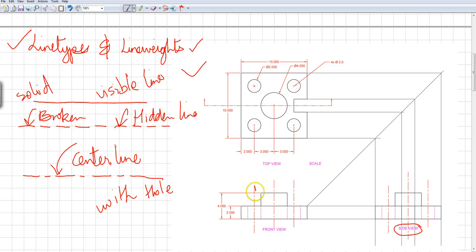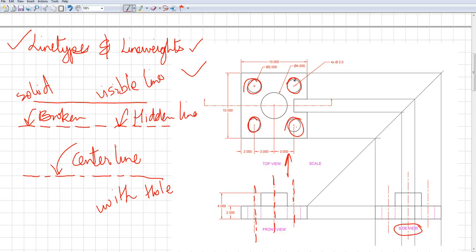So we see center line right here, small dash, big dash, small dash, big dash. Same thing over here for this hole, big dash, small dash, big dash, small dash. Now why don't I see it for this one and this one? Because when I'm looking from the front view, it's right behind it, so I cannot draw two center lines in the same location. Okay, so that was the center line.